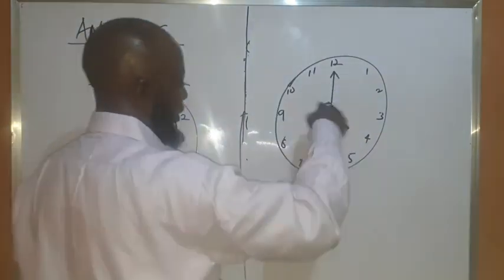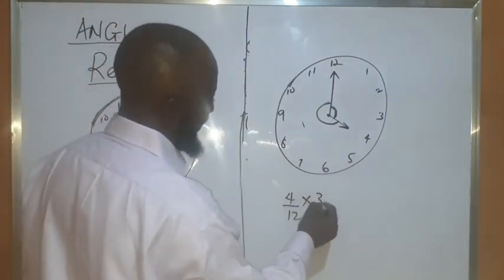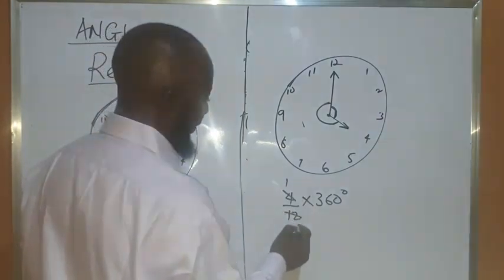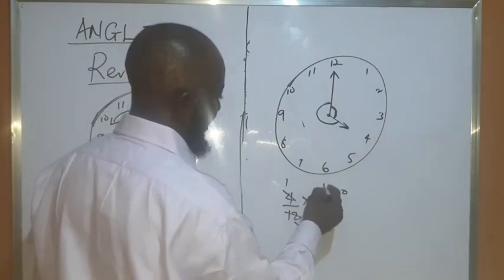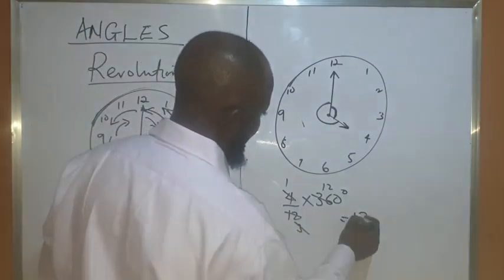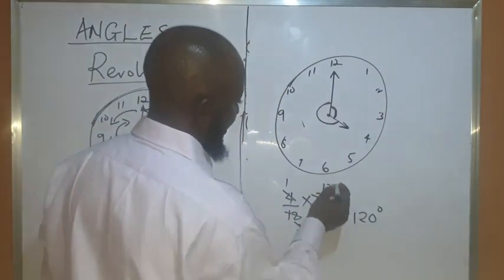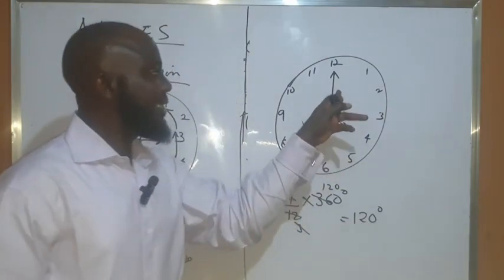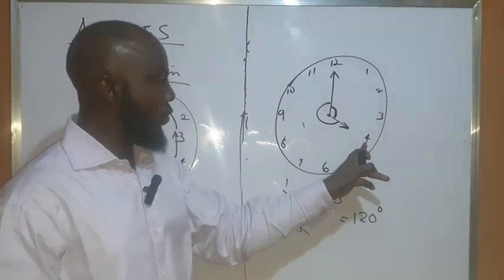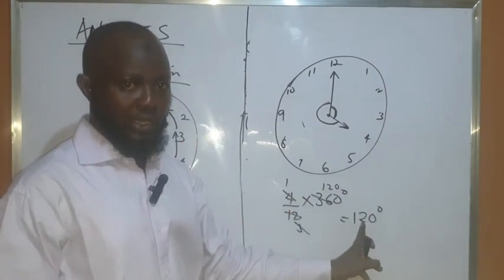The total revolution is 360, so we multiply by 360 degrees. 4 over 12 times 360, and that gives us 120 degrees. So the angle between the hour hand and the minute hand at 4 o'clock is 120 degrees.